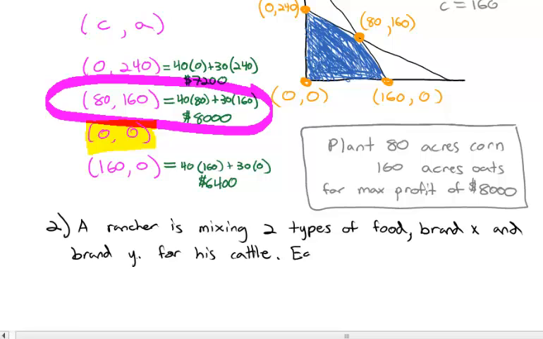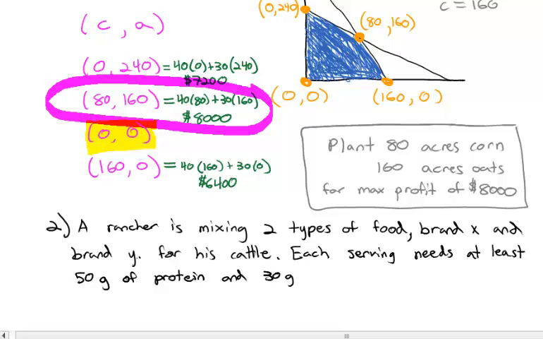Each serving needs at least 50 grams of protein and 30 grams of fat.